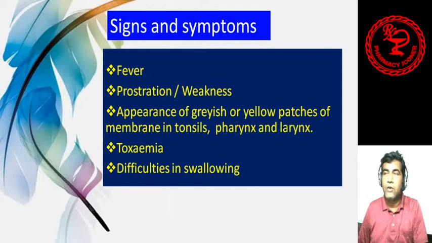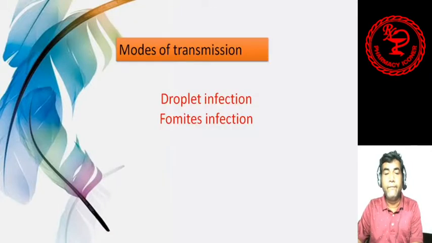Toxemia means toxicity of the blood due to the entry of toxin. Toxemia may occur, and there will be pain and some inflammation in the throat, so the patient may face difficulty in swallowing.